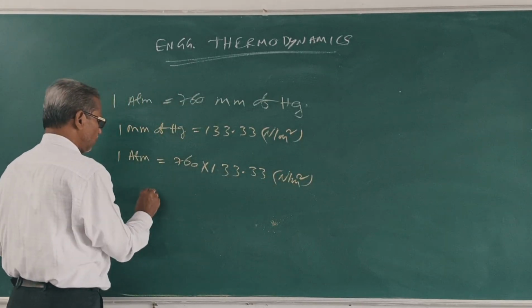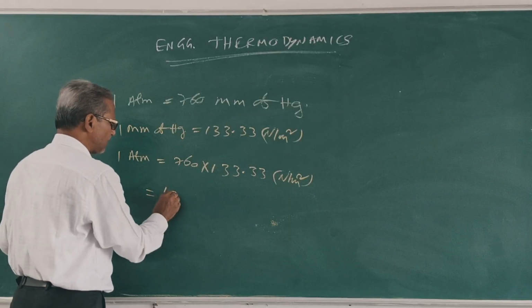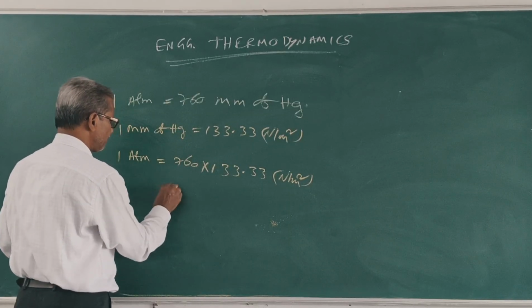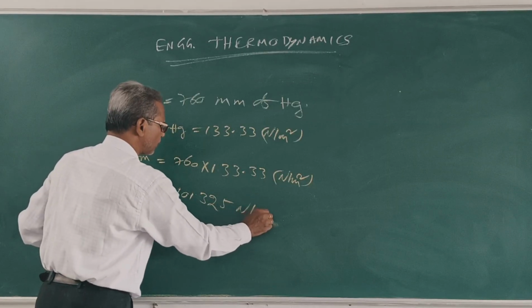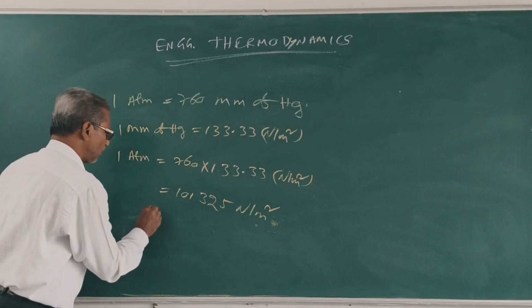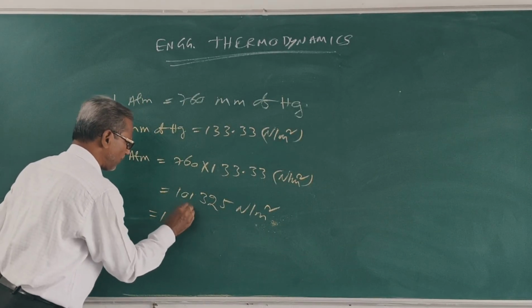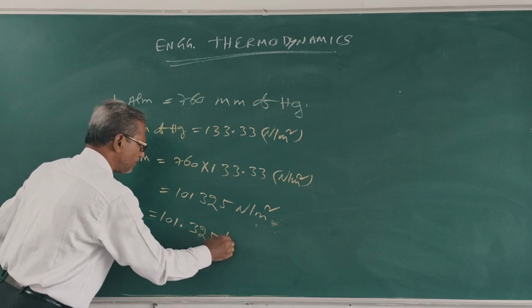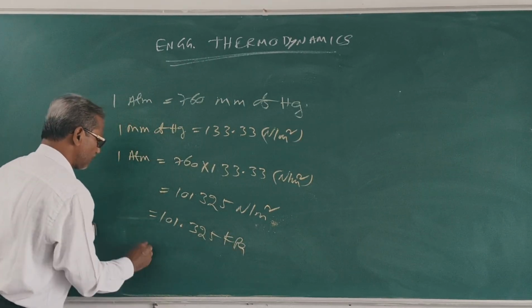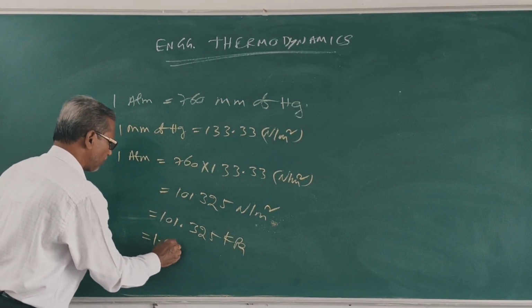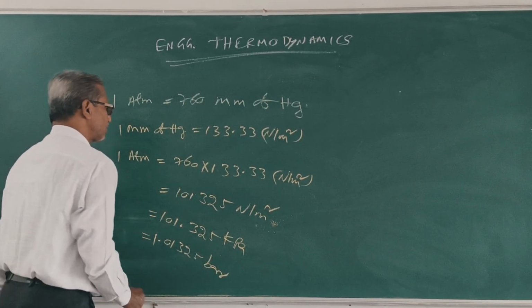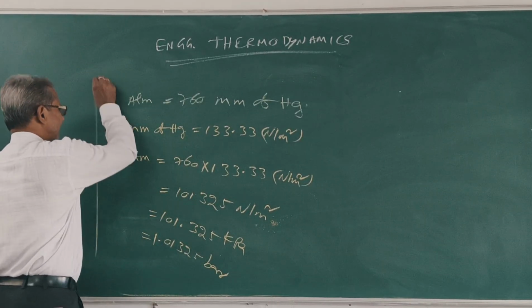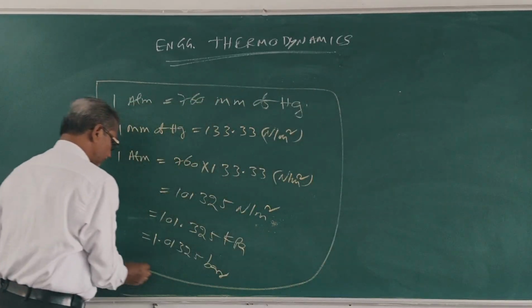This is equal to 101.325 kilonewton per meter square, which is equal to 101.325 kilopascal. This is equal to 1.01325 bar. Clear? So this is 1 atmospheric pressure.